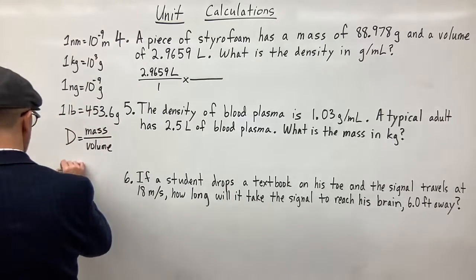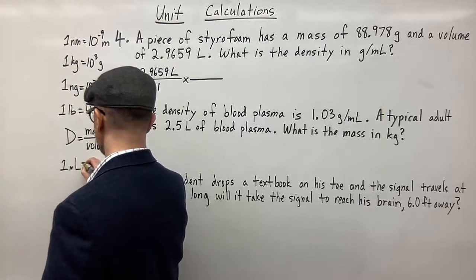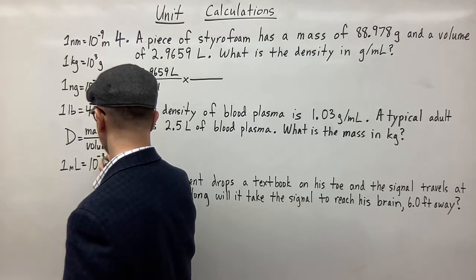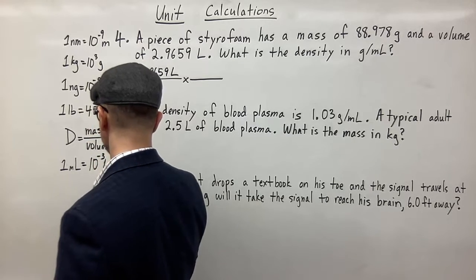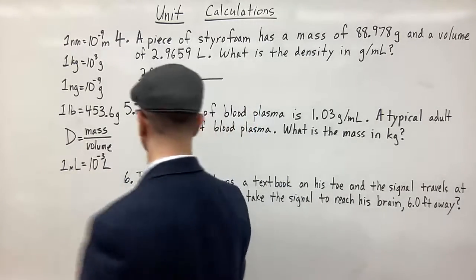So if I write that here, 1 milliliter is going to be equal to 10 to the negative 3 liters. So I can use that as a conversion factor.